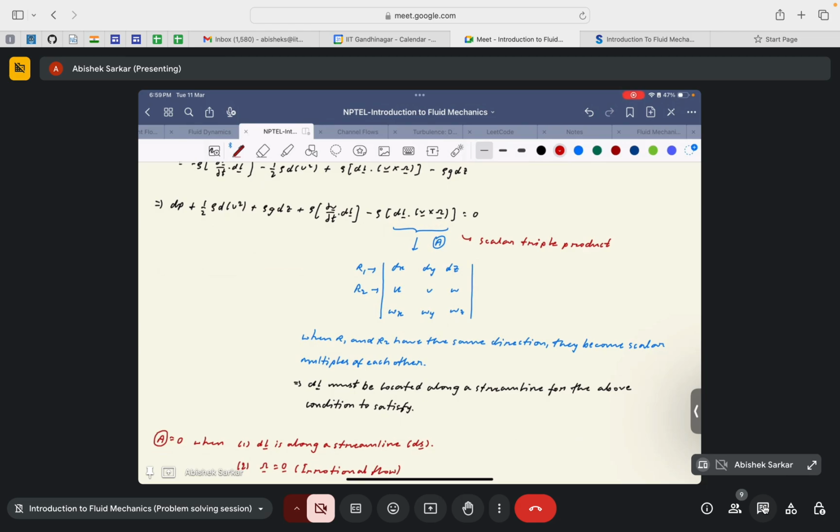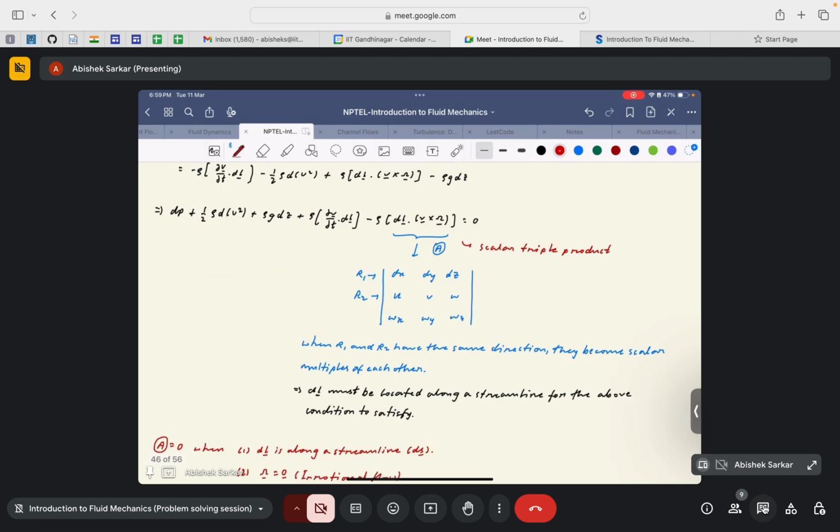If you simplify this product, we will be left with dl, the first vector, in the first row, and the other two vectors in the other two remaining rows.